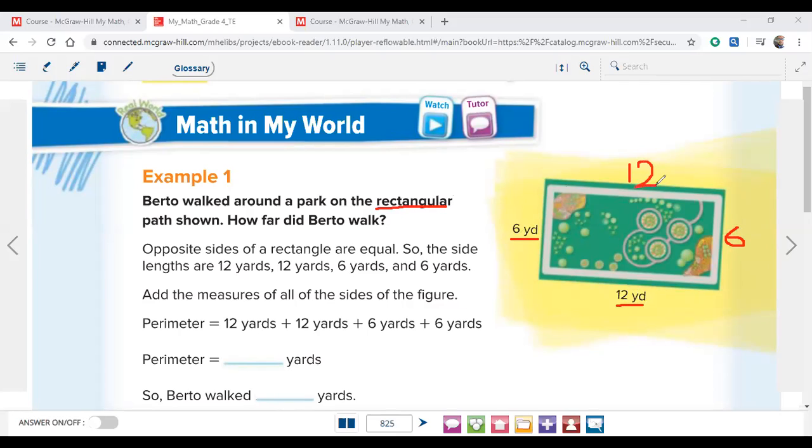Good? Okay. The perimeter means you have to find the total distance around the shape or figure. I have to count all the distance: 6 plus 12 plus 6 plus 12 around the shape.